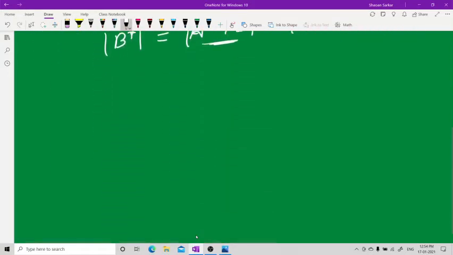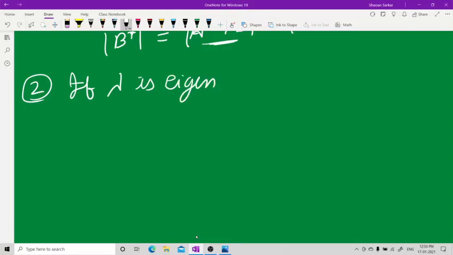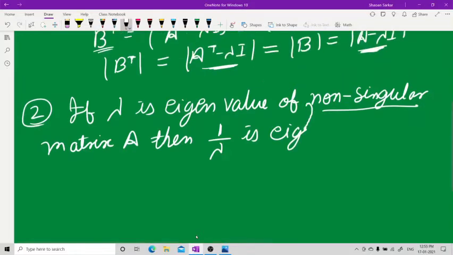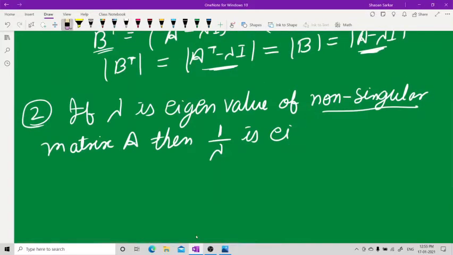Next, the second property. The second property is that if lambda is an eigenvalue of a non-singular matrix A, then 1 upon lambda is an eigenvalue of A inverse.